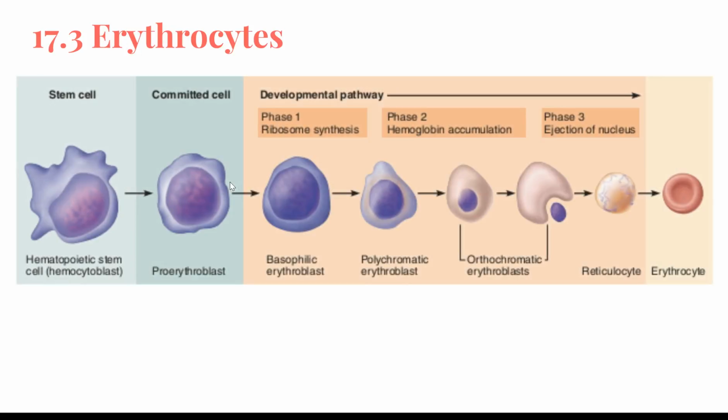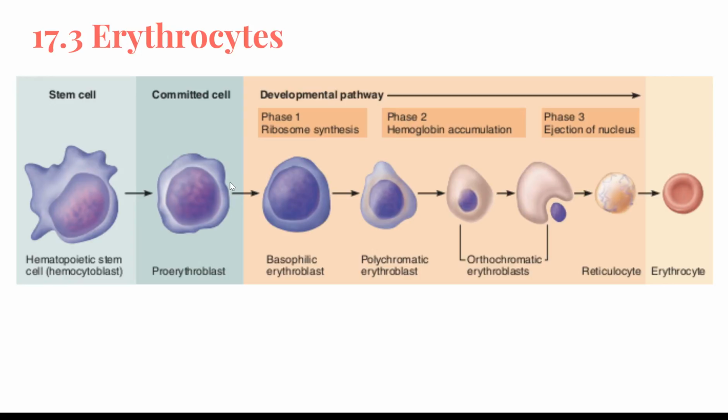Erythrocyte production, or erythropoiesis, begins when a hematopoietic stem cell descendant, called a myeloid stem cell, transforms into a proerythroblast. Proerythroblasts, in turn, give rise to basophilic erythroblasts that produce huge numbers of ribosomes.